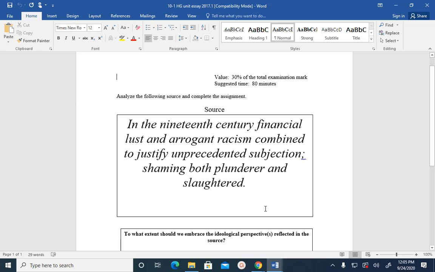This is different. In the 19th century, financial lust and arrogant racism combined to justify unprecedented subjugation, or subjection. It should be subjugation. Shaming both plunderer and slaughtered. So in this essay, if that was your thesis, you'd have a section where you're like, here's imperialism in the 19th century, and this is why it was financial.